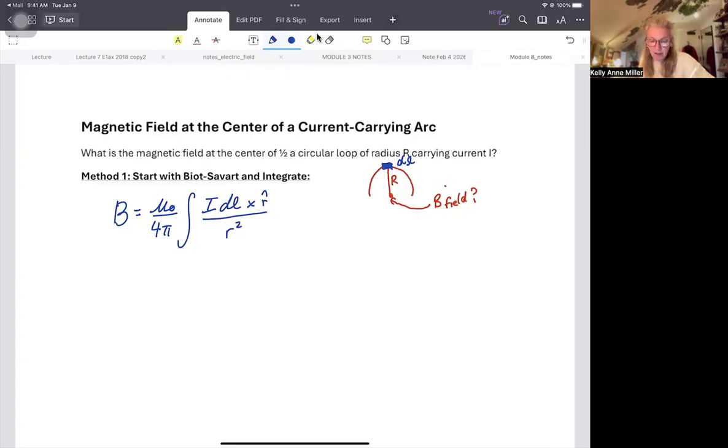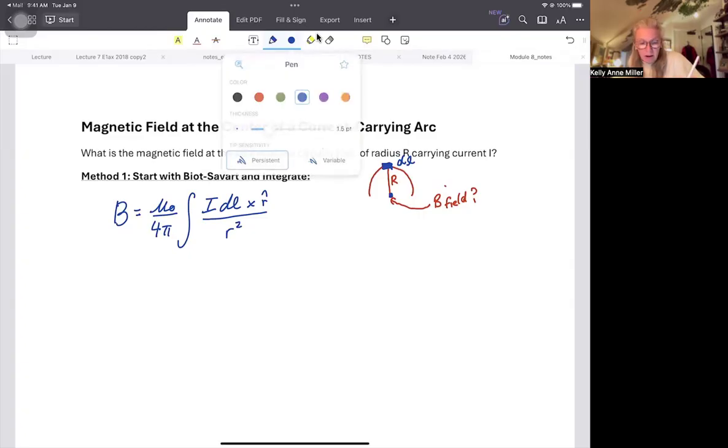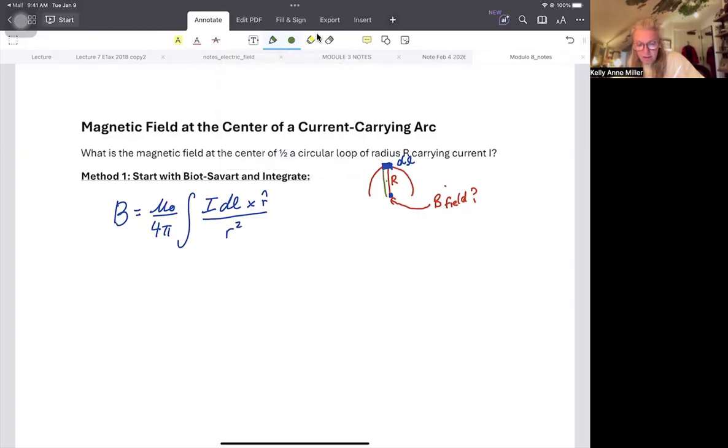Now this DL cross R hat is the cross product between this DL and the direction that connects the point that I'm interested in to that DL. So R hat is just this vector here, right? That's R hat.